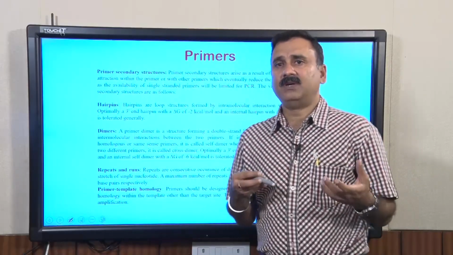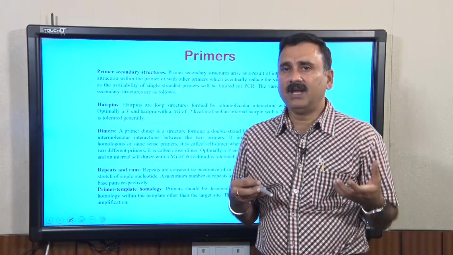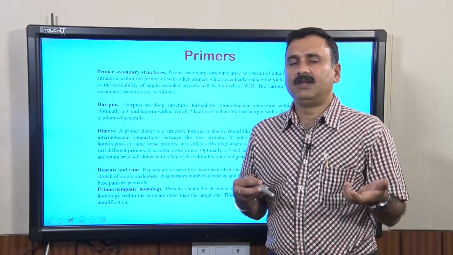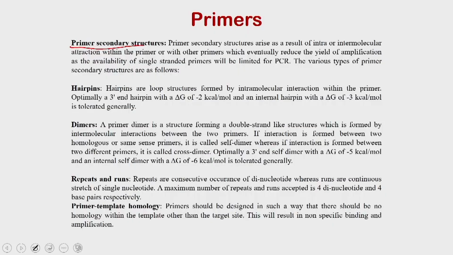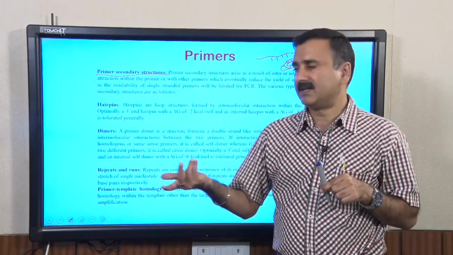So, when you design a primer, you are going to encounter many problems, such as the formation of secondary structures. What are these secondary structures? You know that a primer is single stranded DNA, or oligonucleotide. These single stranded oligonucleotides can form different types of secondary structures because of the complementarity between the different nucleotides you are using to synthesize the oligonucleotide.